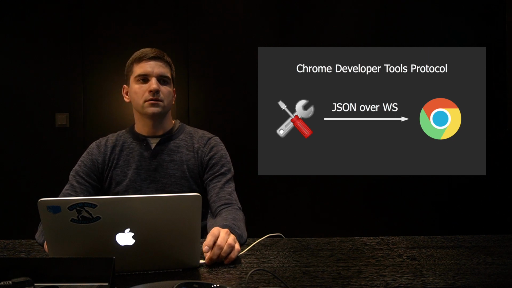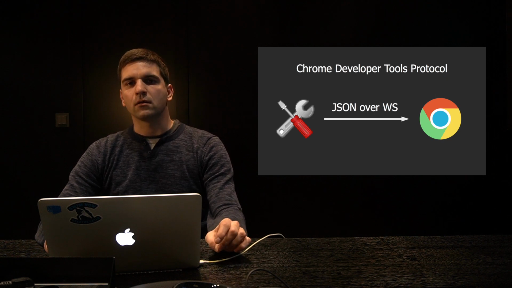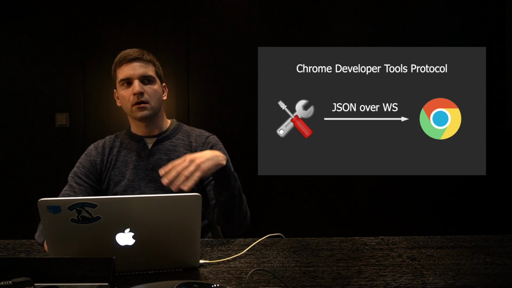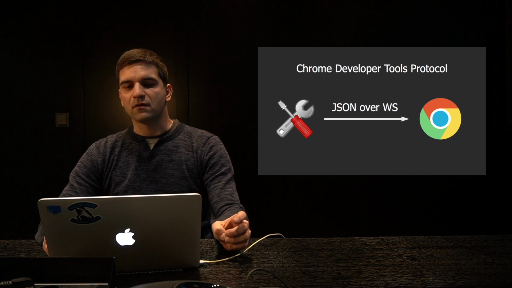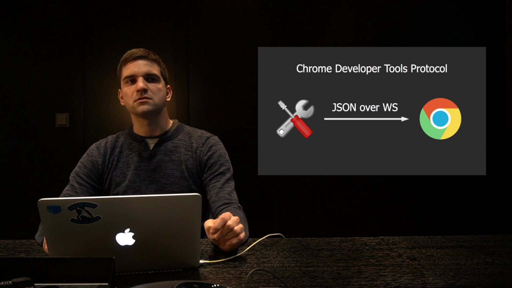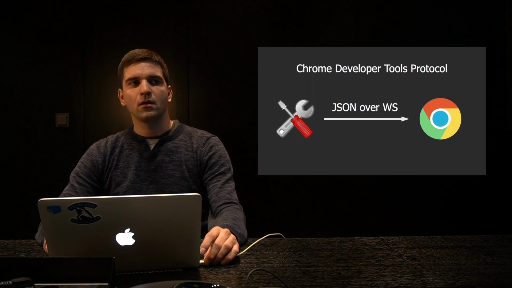So when you start a Chrome browser, it finds and allocates a free network port and starts listening for commands on this port. Chrome Developer Tools then just connects to this port using WebSockets and starts sending various commands to manipulate the browser.